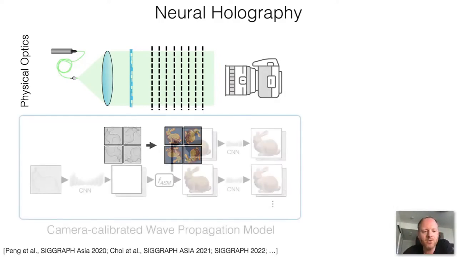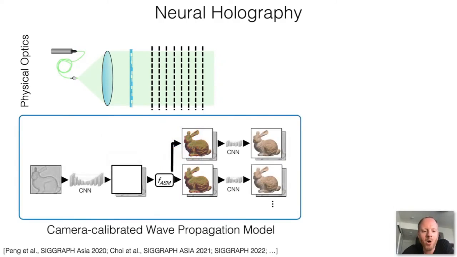This allows us to train a model that is parameterized by convolutional neural networks, and train the model to model the physical wave propagation that actually happens in the physical optics.